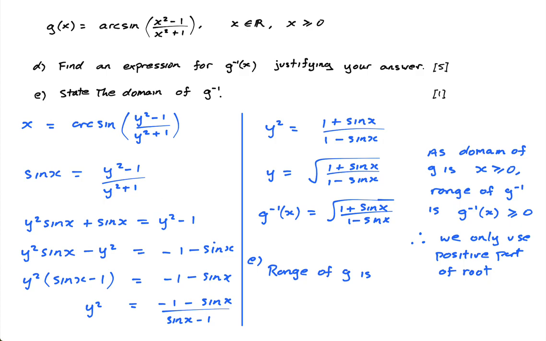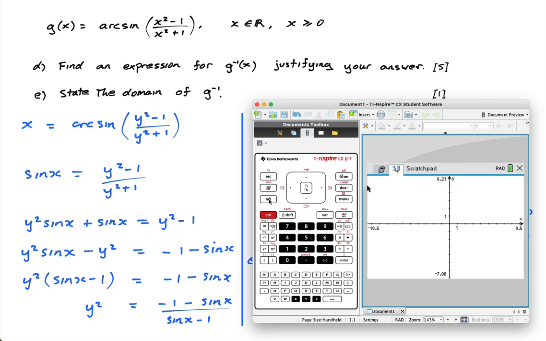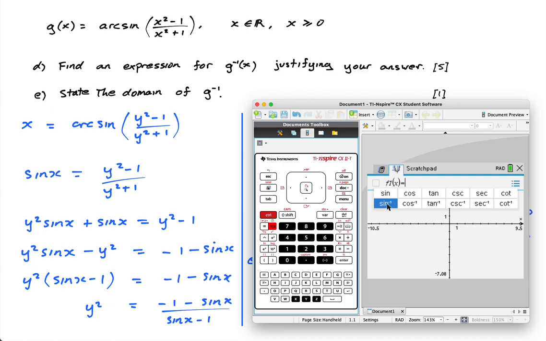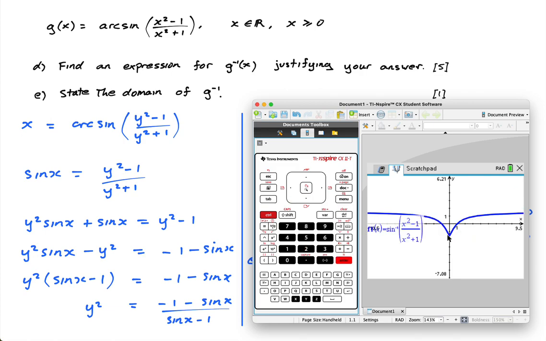Well, we can sketch it first. Arc sine is this one here, and we're going to do x squared minus 1 over x squared plus 1. And this is it, but remember it's only for x is greater or equal to 0. So this is that function.